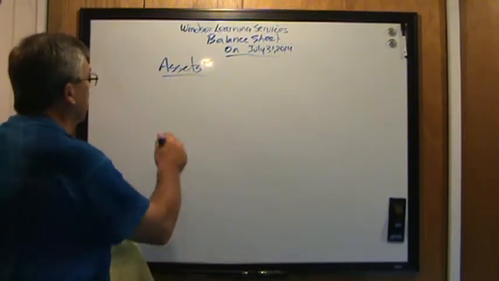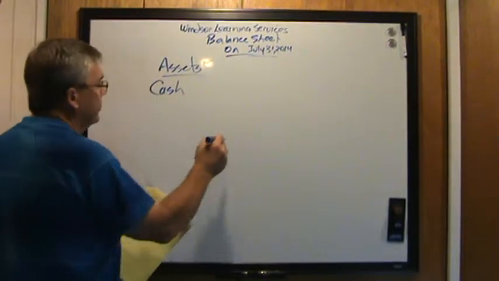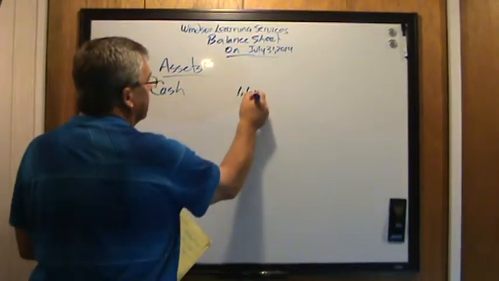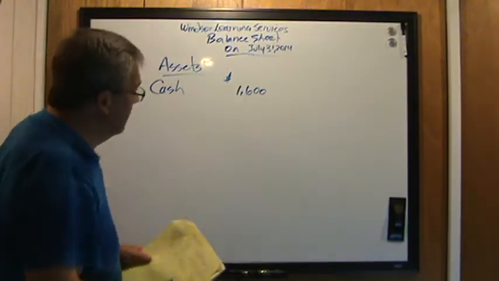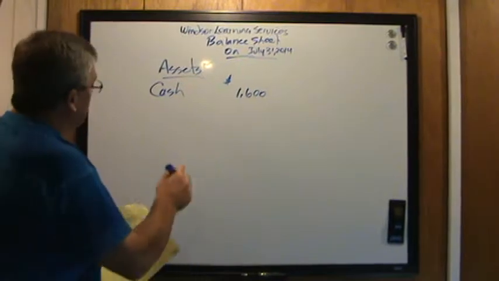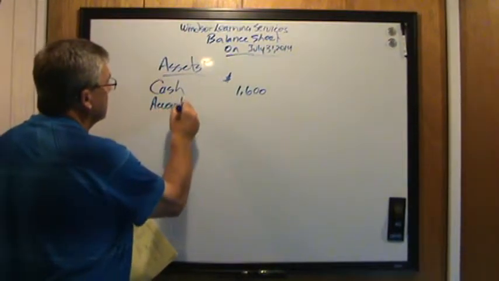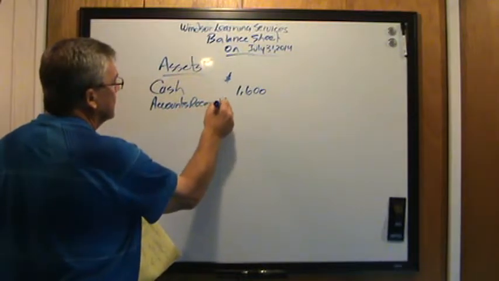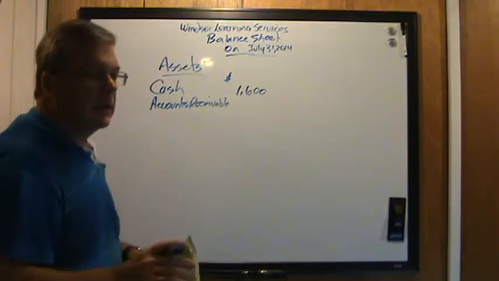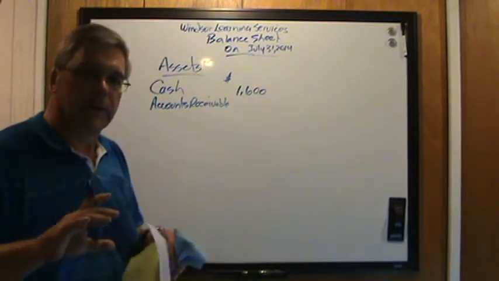First of all, we have cash, and cash is $1,600. Starting a new column, so have a dollar sign at the top. Accounts receivable. And remember, you are to write out these accounts entirely.